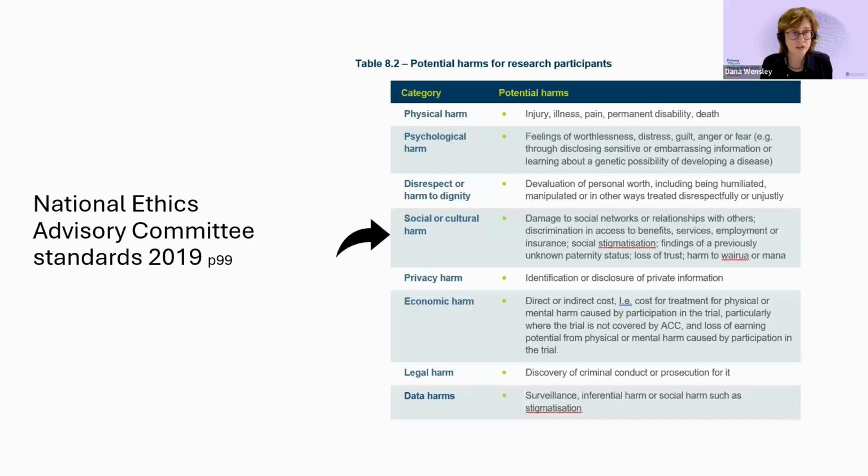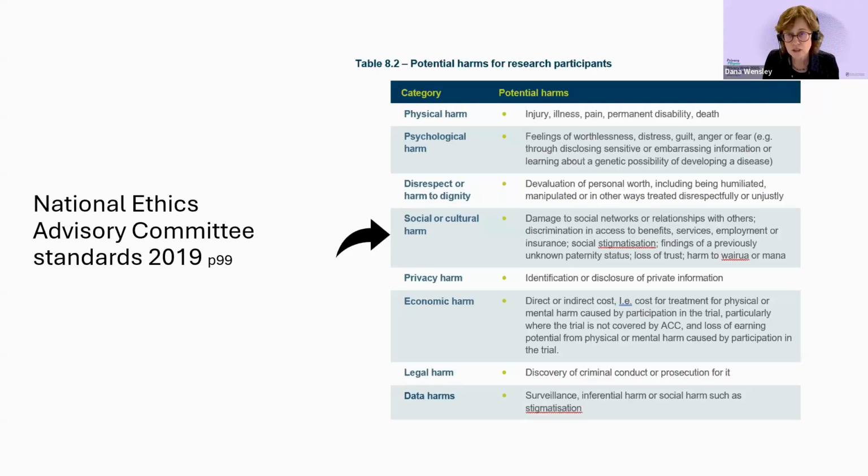At the moment, the National Ethics Advisory Standards do contain a range of potential harms for research participants, and they range from the traditional physical harms up to the data harms. I've highlighted there the social or cultural harms.